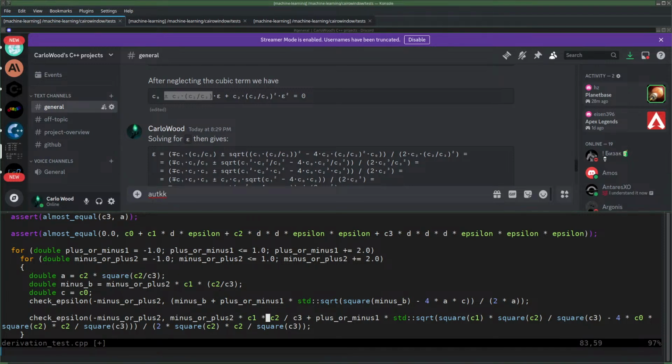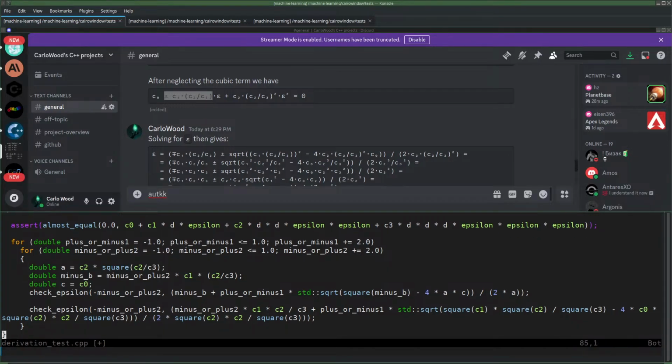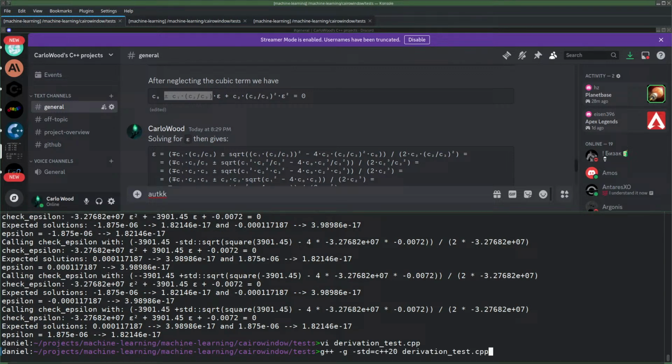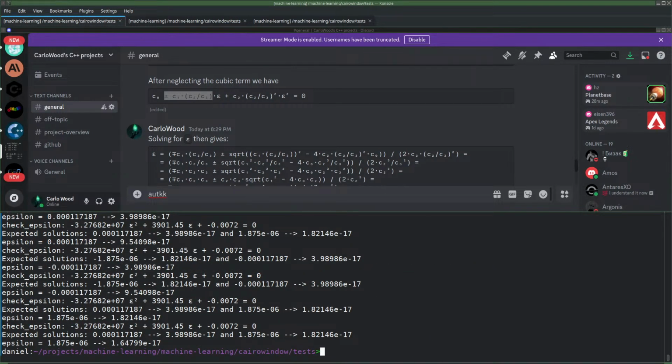So I guess square root is that one. So this one is missing something. Yeah. That work.